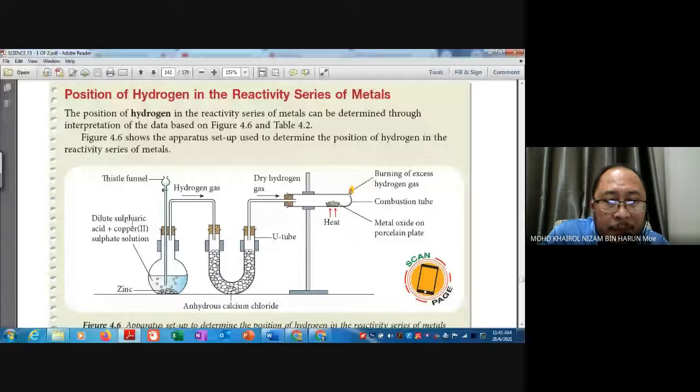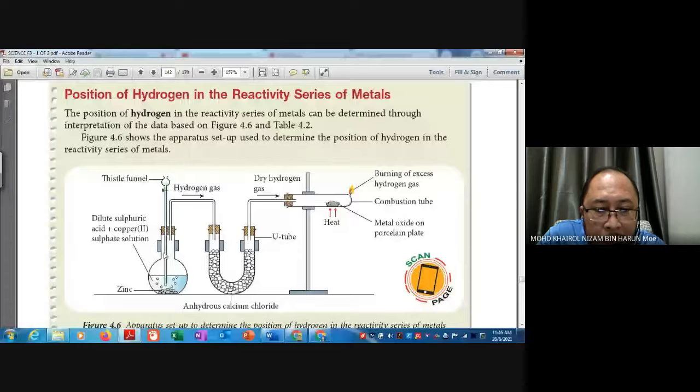We start from the left. We call this a round bottom flask, or flat bottom flask.